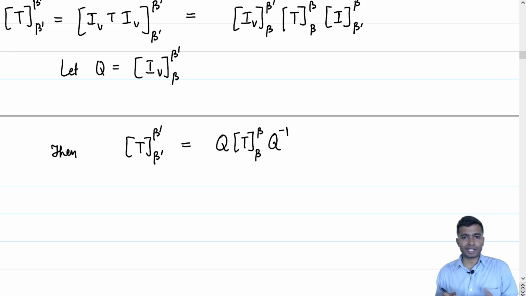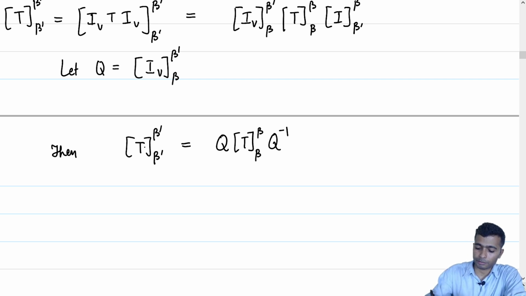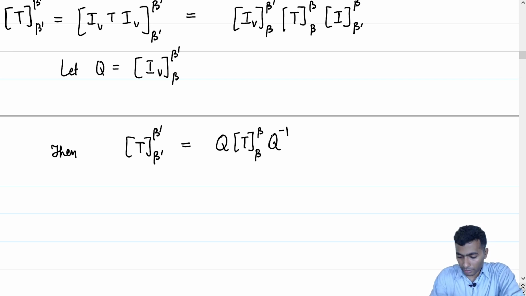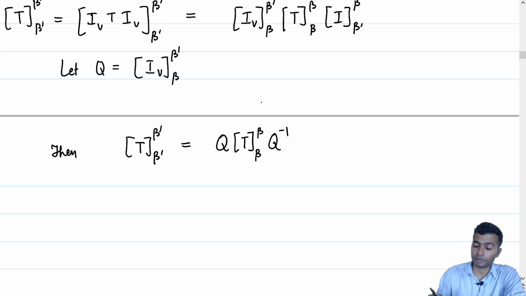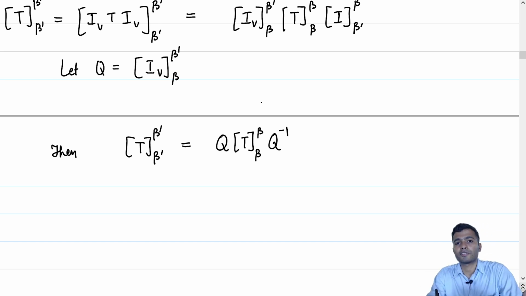We have already checked, or at least it was given as an exercise, that the change of basis matrix from beta to beta prime is the inverse of the change of basis matrix from beta prime to beta. And if that matrix is Q, then the matrix of T with respect to beta prime is equal to Q times the matrix of T with respect to beta and beta times Q inverse. So, that is precisely how the matrix of a linear operator or a linear transformation from V to itself behaves when we change the basis from beta to beta prime.